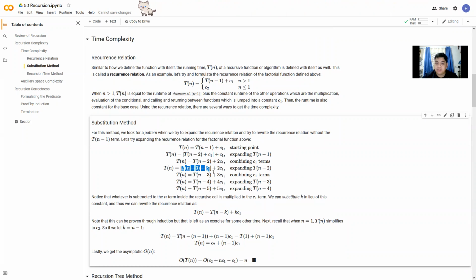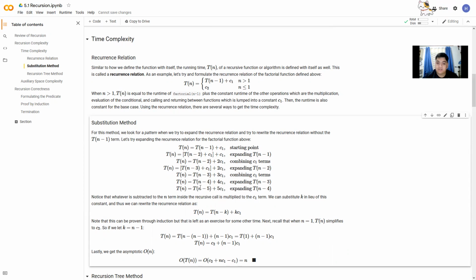And then when we combine the c1 terms, we get 3c1 over here and a T of n minus 3 over here. Now, if you try and expand T of n minus 3, you get T of n minus 4 plus 4c1. And then after another step, we get T of n minus 5 plus 5c1.